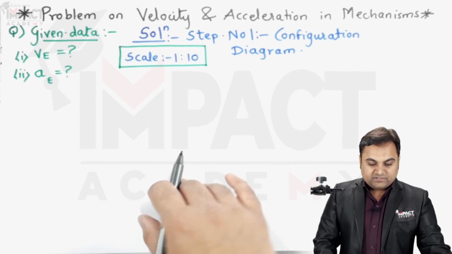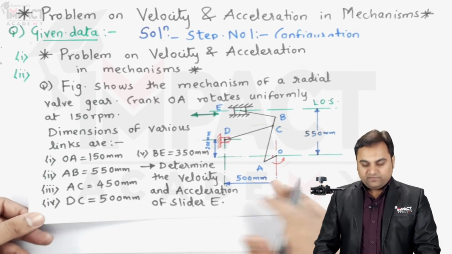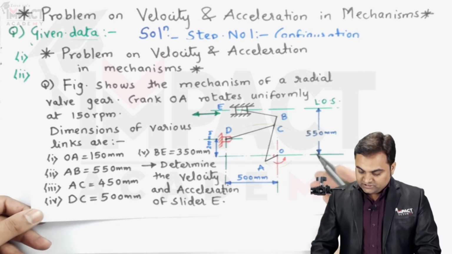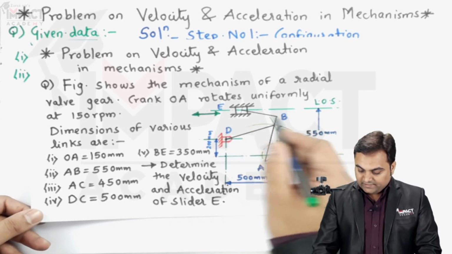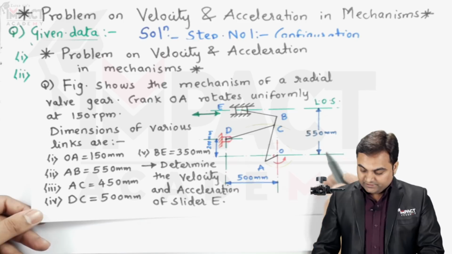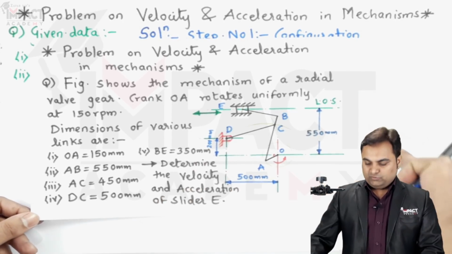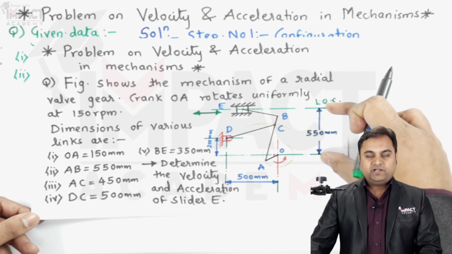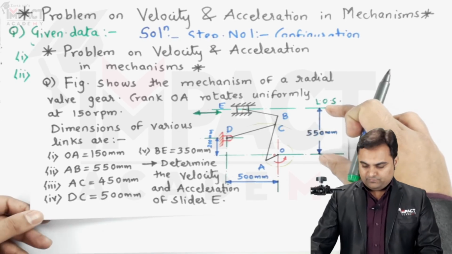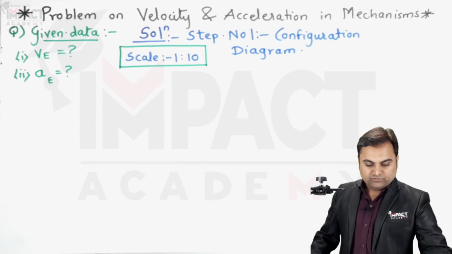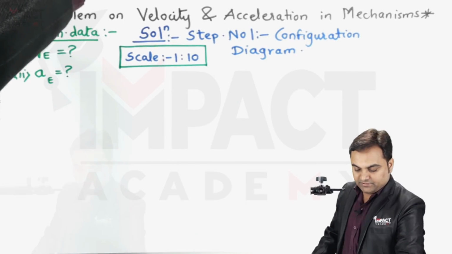Then I'll be drawing this configuration. Now we can easily see that the distance between point O and the line of stroke of the slider is 550 mm. So on a scale of 1:10, this 550 mm would become 55 mm, that is by dividing by 10. So first I'll draw two horizontal lines.